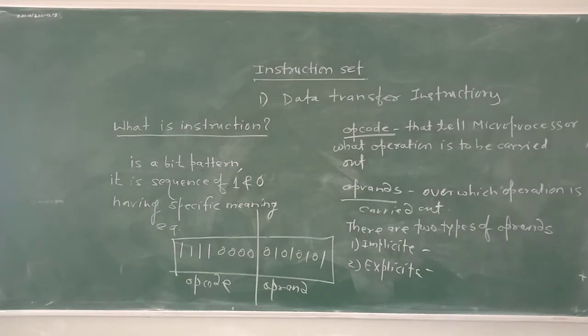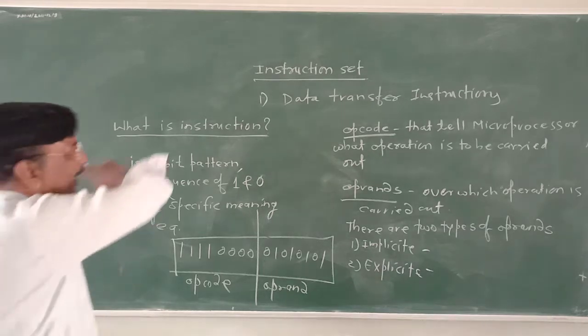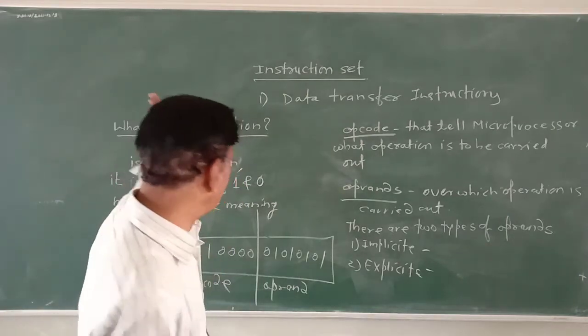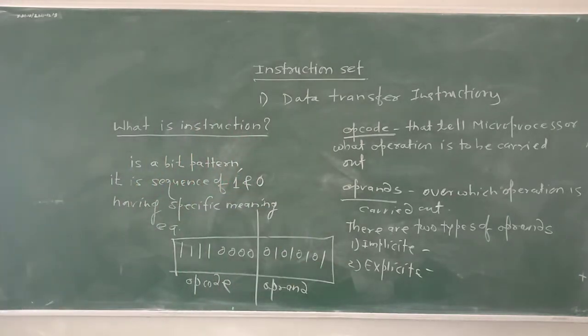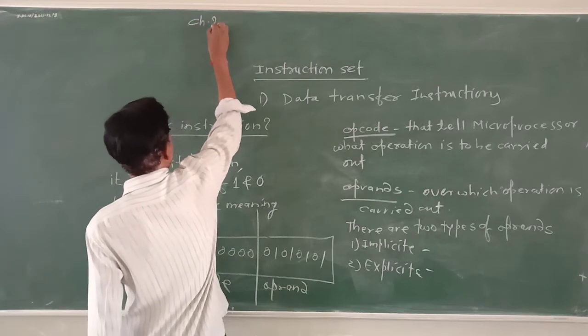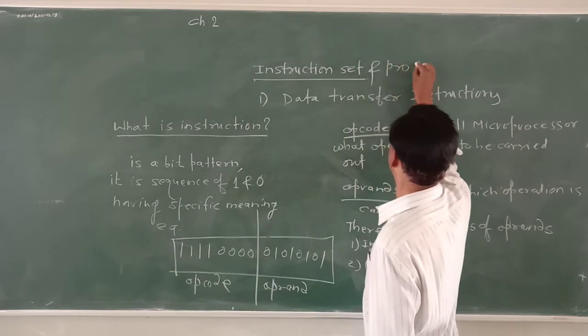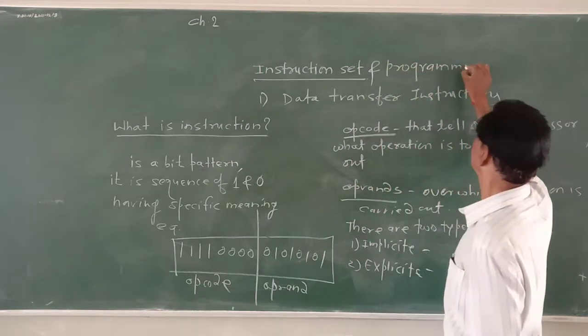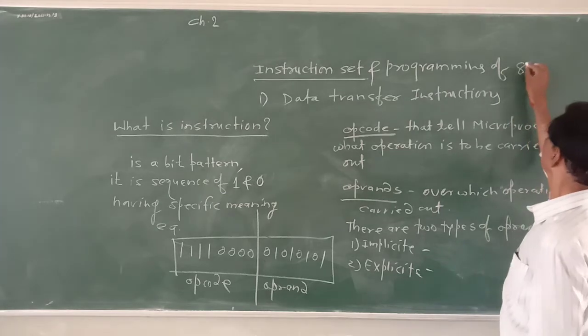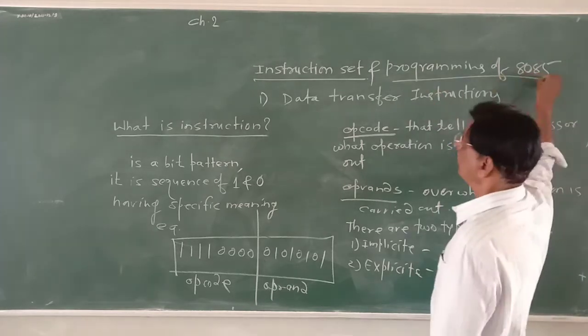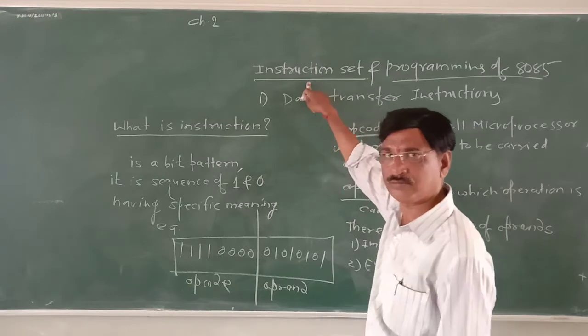Now we are going to see what exactly is meant by implicit and explicit in detail. But before that, you take down this in writing. We are studying chapter number 2, instruction set and programming of 8085. Here, first we are studying instruction set.